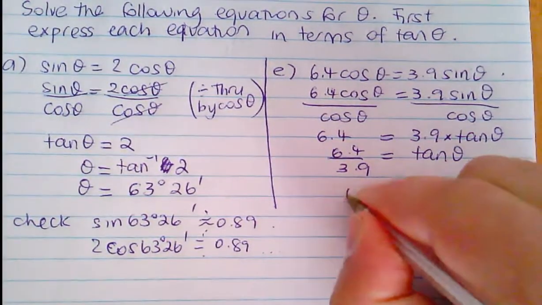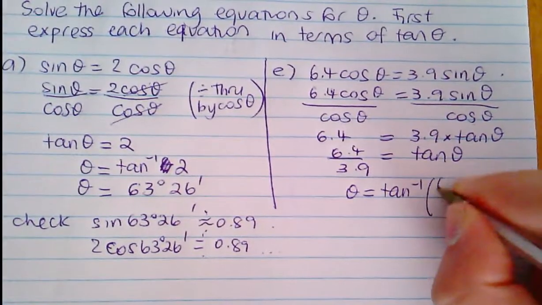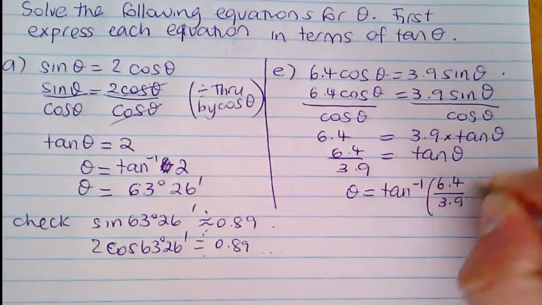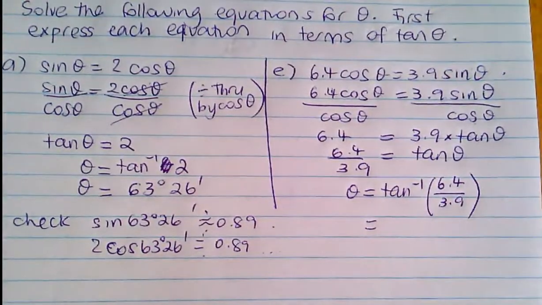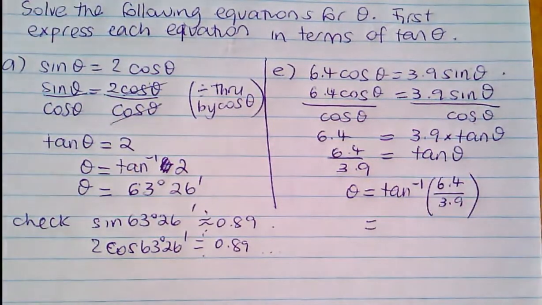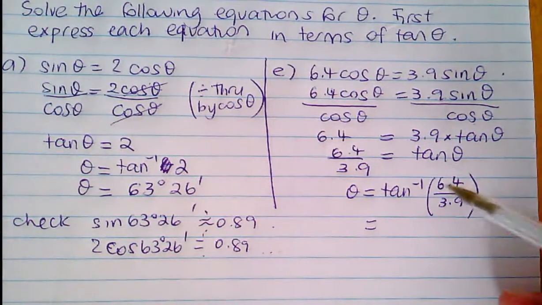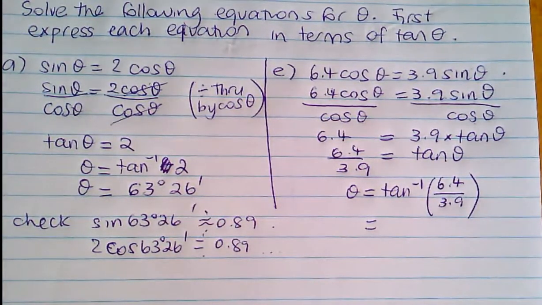So now to do that on your calculator, theta is tan to the minus 1 of all of this, brackets 6.4 over 3.9. You don't want to have some rounding errors, so I just go shift tan 6.4 divided by 3.9, make sure that's either in brackets or use the fraction button.